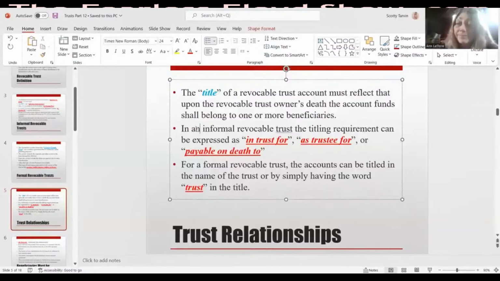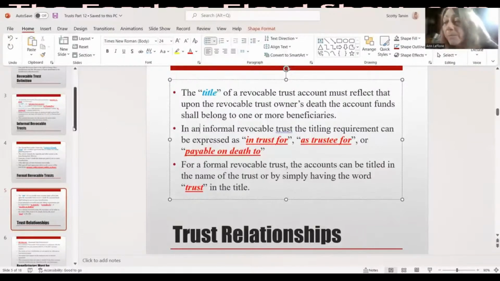In an informal revocable trust, the titling requirement can be expressed as in trust for, or as trustee for, or as payable on death to. For a formal revocable trust, the accounts can be titled in the name of the trust or by simply having the word trust in the title.